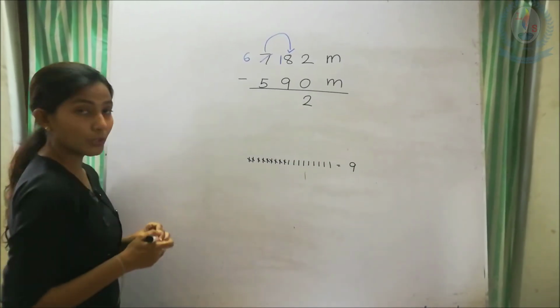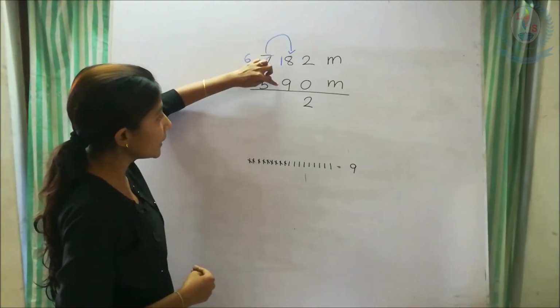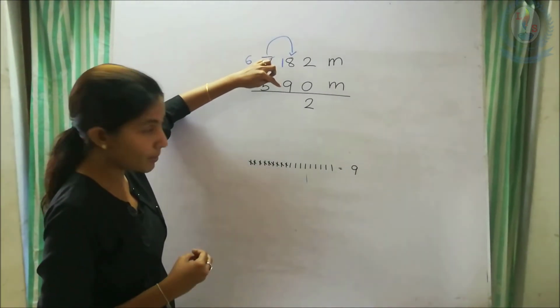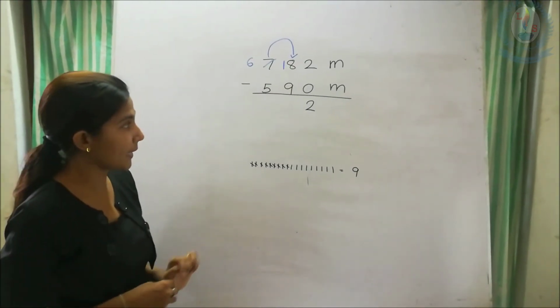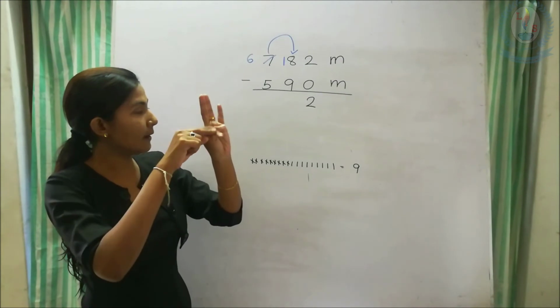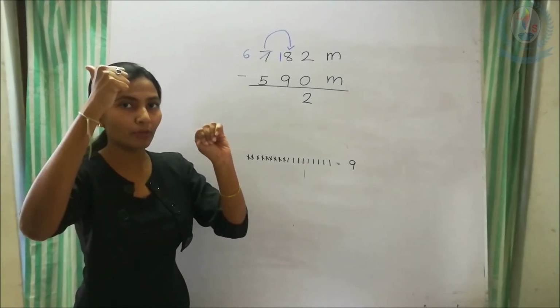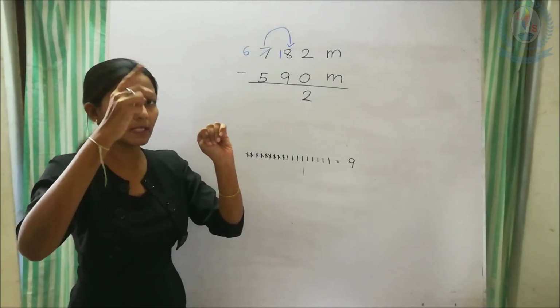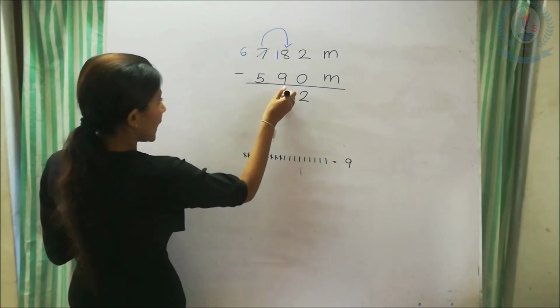Or else you can do it the other way. The second way is you have here 9. From 9 till 18 you can count: 9, 10, 11, 12, 13, 14, 15, 16, 17, 18. You have 9 fingers. You put 9 here.